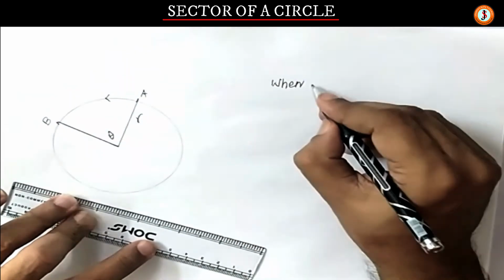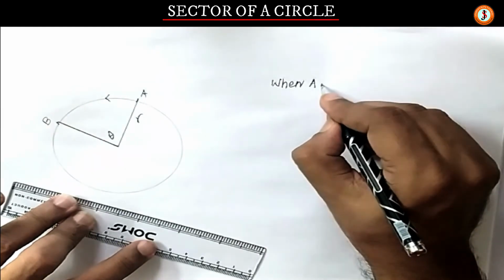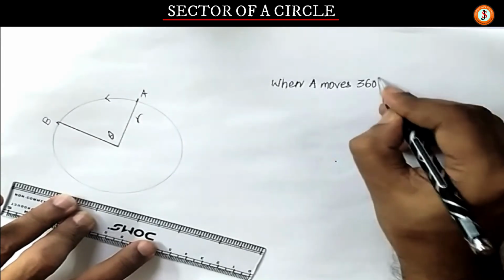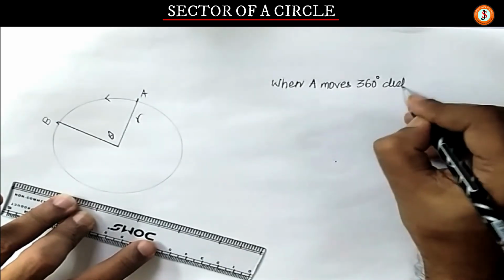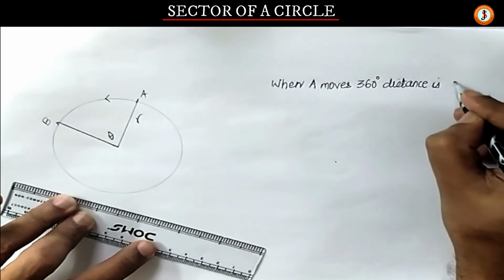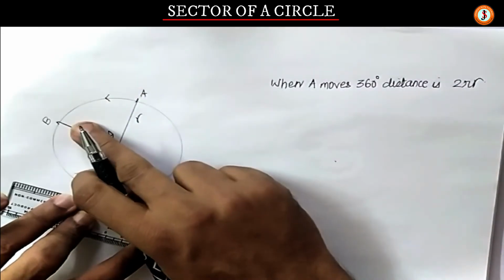So when A moves 360 degree, distance is 2 pi r. Distance covered by A is 2 pi r. So I am writing in short.